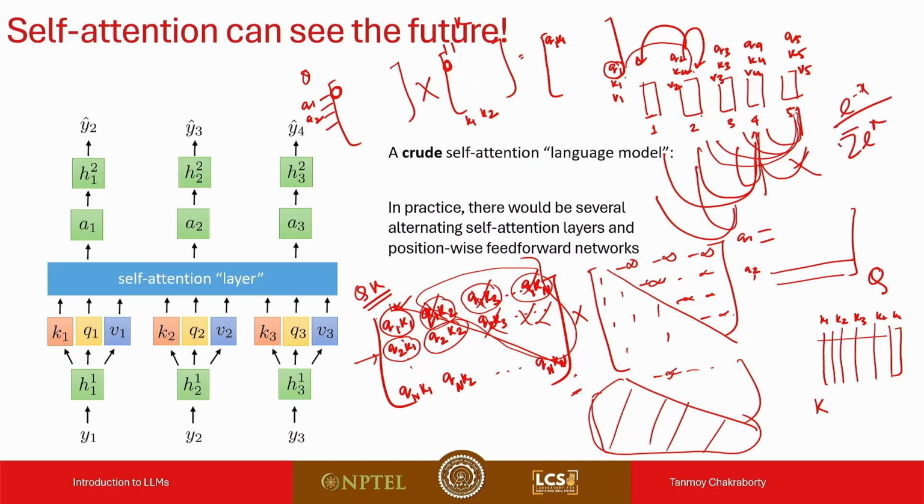So when we multiply this with minus infinity, it will produce what? Let's say there is an element. E to the power minus infinity is what? 0. Right? After softmax, this part will become 0, and the remaining part will essentially follow the softmax rule.